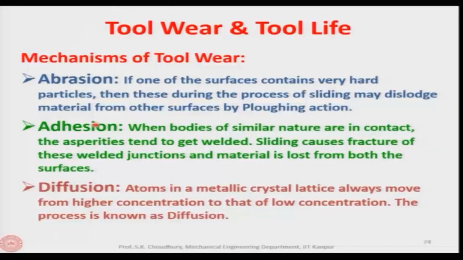The second mechanism could be adhesion. This is when bodies of similar nature are in contact, and the asperities tend to get welded. Sliding causes fracture of these welded junctions and material is lost from both surfaces. We have discussed this while discussing sliding friction: the two surfaces meet on the asperities, and when the normal force becomes higher, those asperities will be welded, and during the sliding these welded asperities will be sheared off.